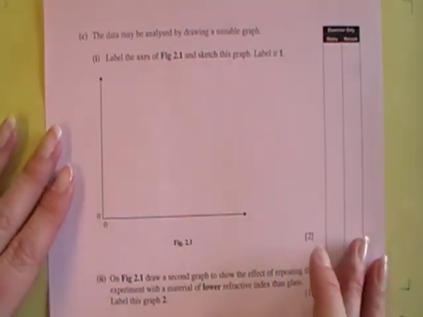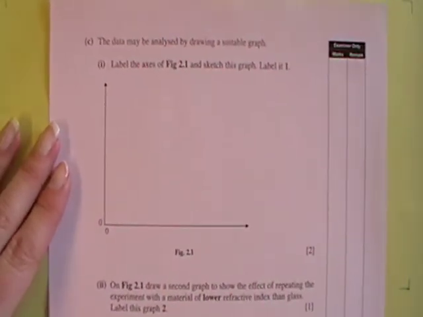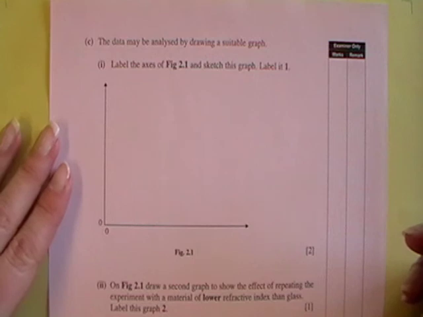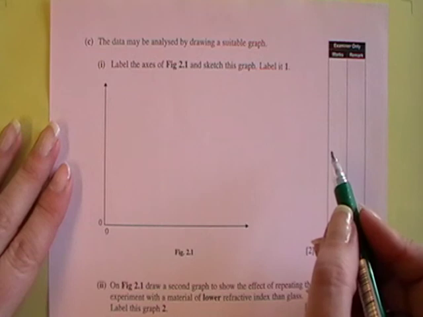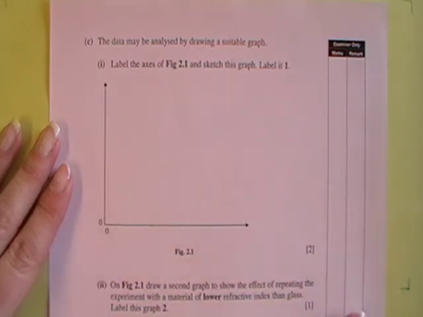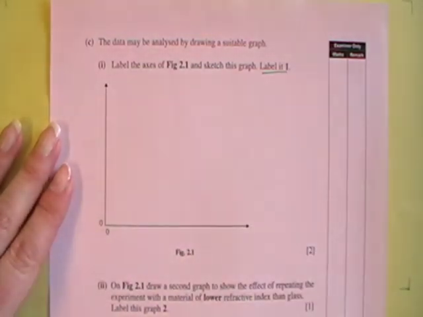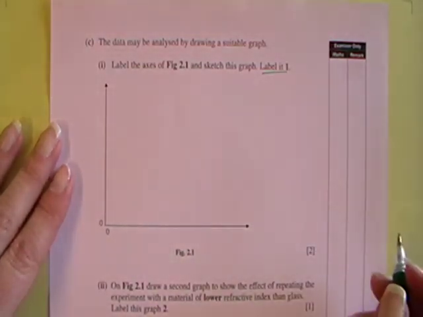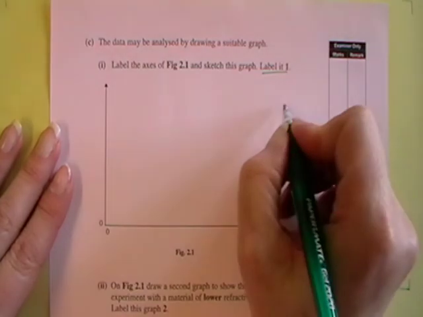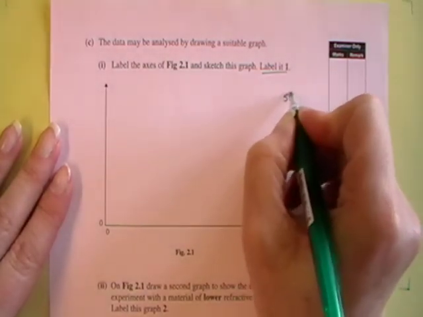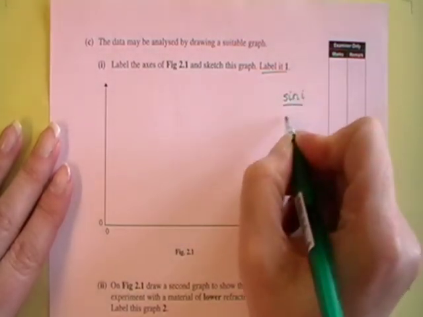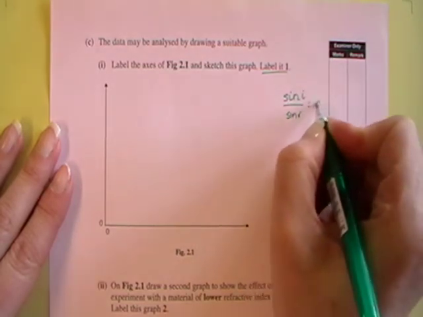The data may be analysed by drawing a suitable graph. So you repeat the experiment for a range of angles of incidence and you can draw a suitable graph. Label the axes on figure 2.1 and sketch the graph. Label it 1. We're verifying Snell's law, and Snell's law is that sine of I over sine of R is a constant.